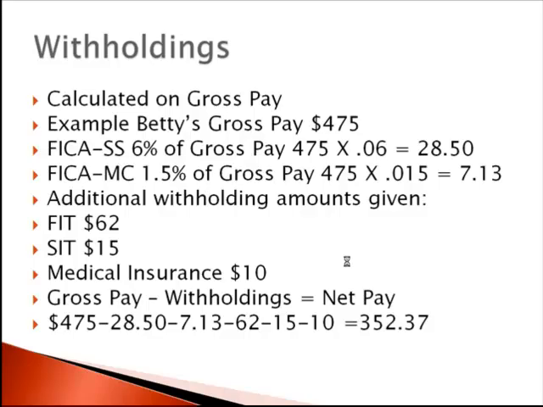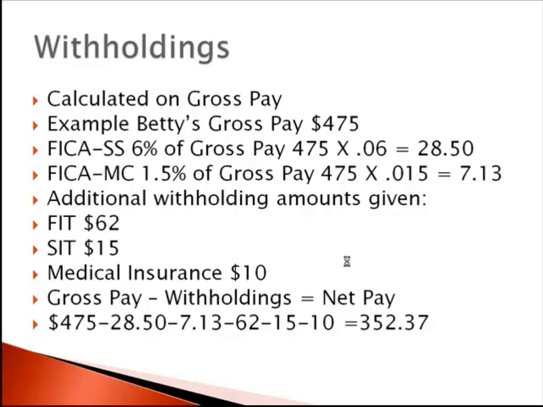Then we can get from our gross pay of $475 to calculate what net pay will be for this individual for this particular paycheck. The formula that we can use is to take gross pay, subtract Social Security calculated withholdings, subtract Medicare calculated withholdings, subtract our given amount for federal income tax, our given amount for state income tax, and our given amount for medical insurance.